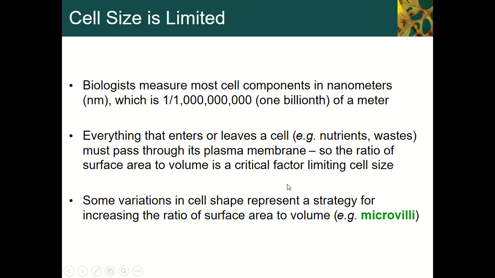If the organism is very small, it means the surface area is very small, right? Therefore, some variations in cell shape represent a strategy to increase the ratio of surface area to volume.